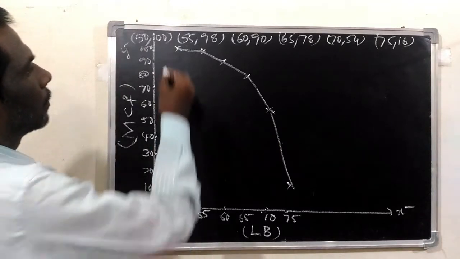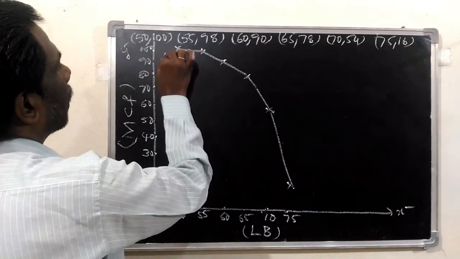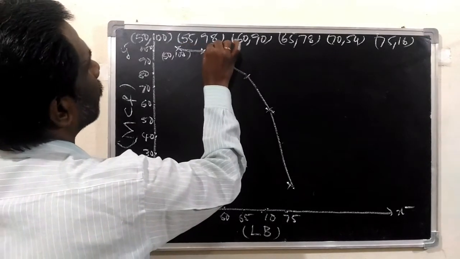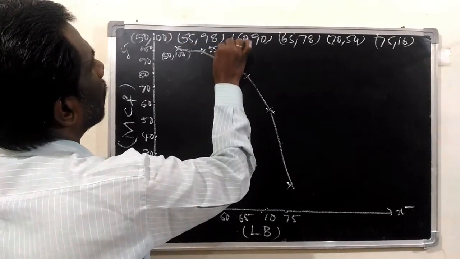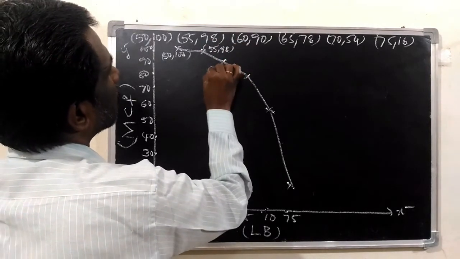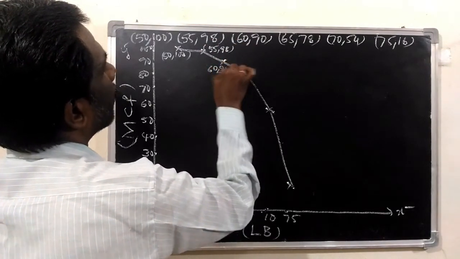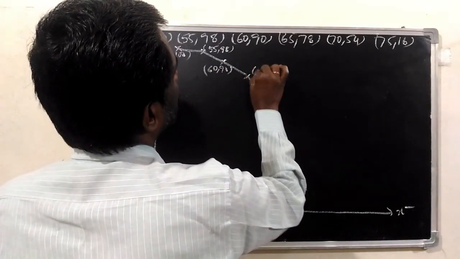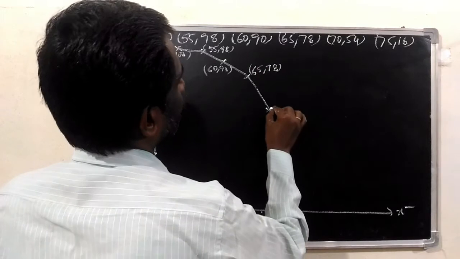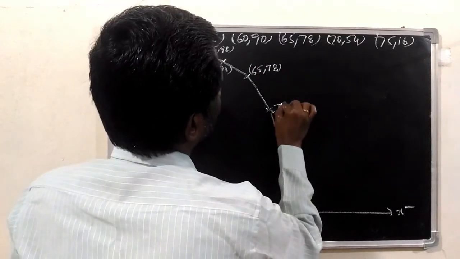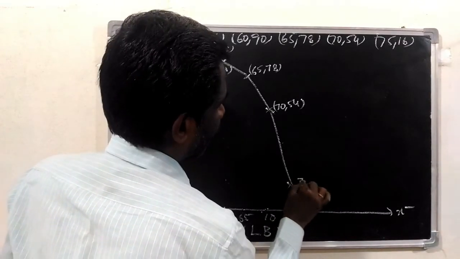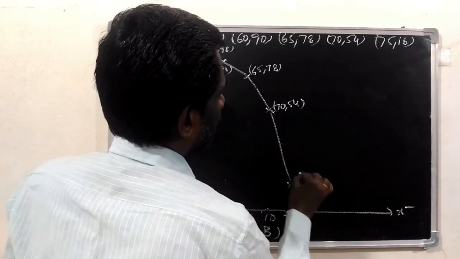So this point is 50 comma 100, and this is 55 comma 98, and this is 60 comma 90, and it is 65 comma 78, and this is 70 comma 54, and it is 75 comma 16.